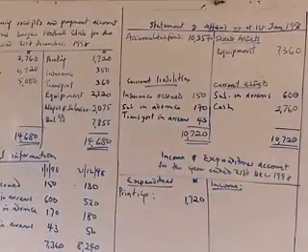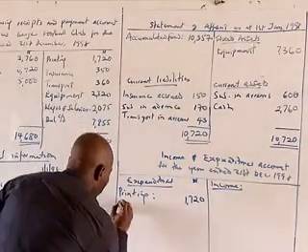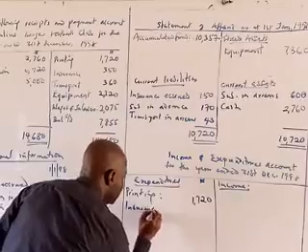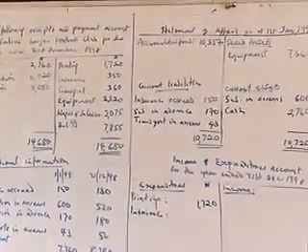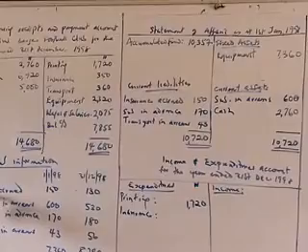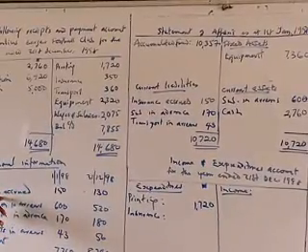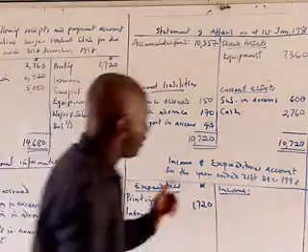Another one is insurance. Our insurance has additional information. Let's prepare our ledger for insurance because of our time.